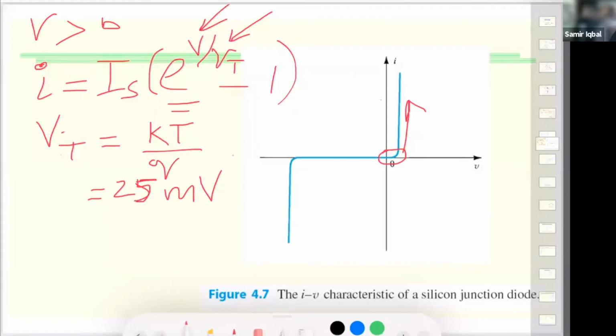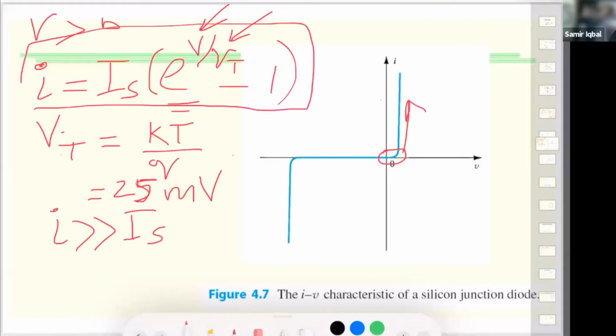So we use a constant value for this, 25 millivolts. Now, as the current goes above this saturation current, this is the way we would calculate it. This is an exponential part, and we put I1 here just to take care of this small part, which is very close to zero.